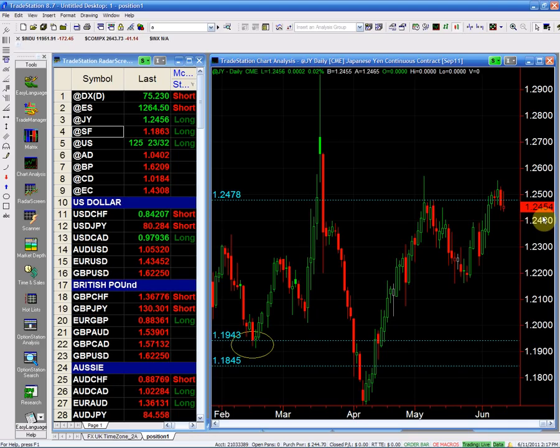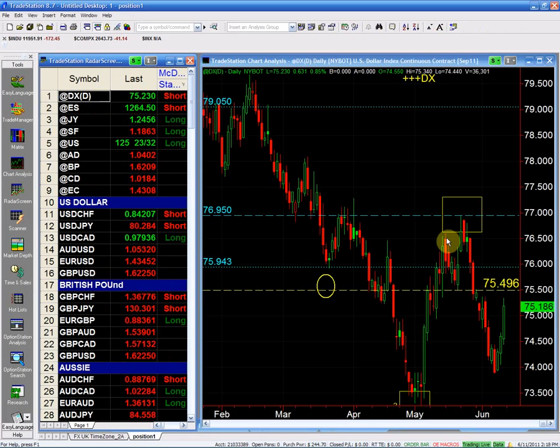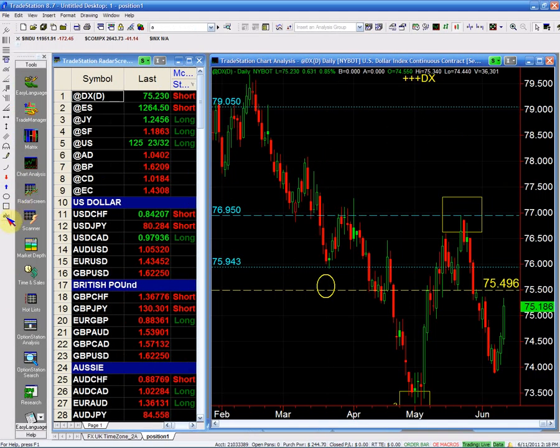So let me go back and put it here. That will be the Japanese yen. It's slightly weak. If we look at the Australian dollar, this one is still in an uptrend.